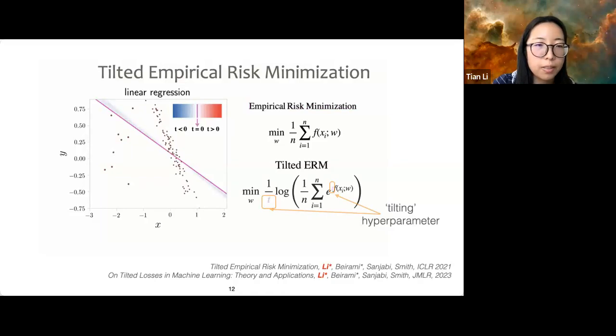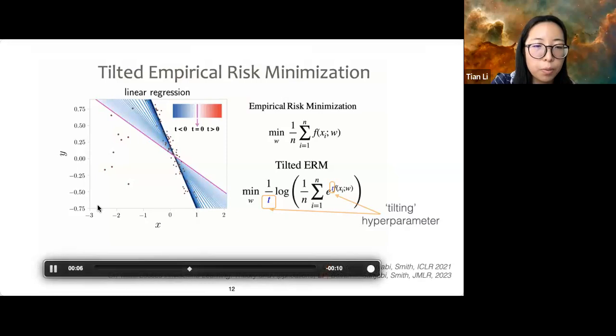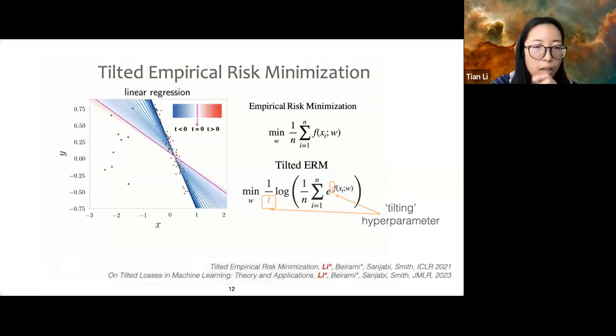So intuitively, what does TERM do? In the left figure on the toy problem, we see that this is a linear regression problem. If we view the sparse points on the left as some underrepresented data that we would like to fit, we can use TERM with positive t's, the red lines, to highlight them or to fit the sparse points.